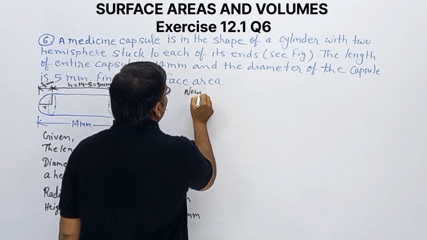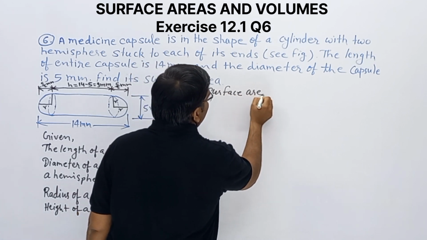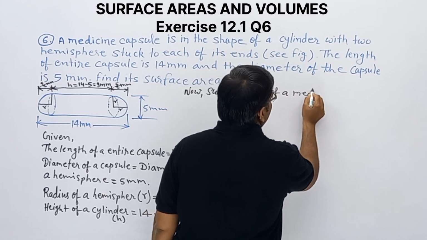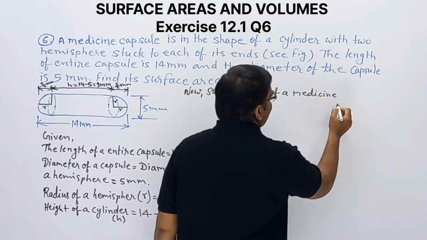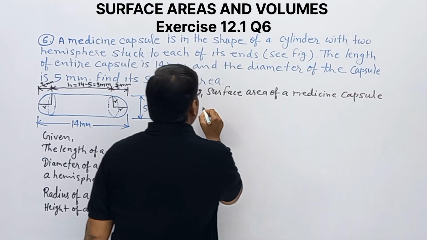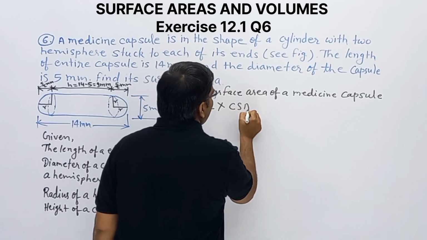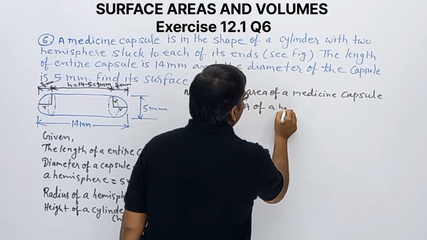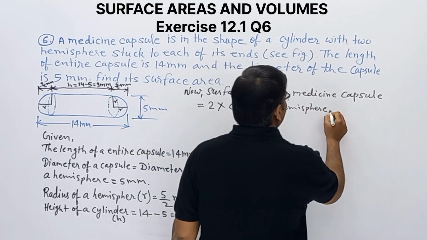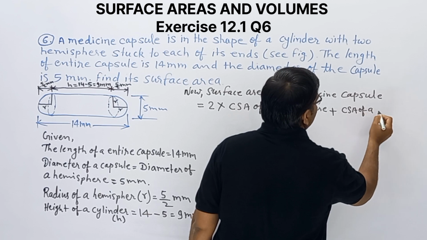Now the surface area of a medicine capsule equals 2 into the curved surface area of a hemisphere plus the curved surface area of a cylinder.